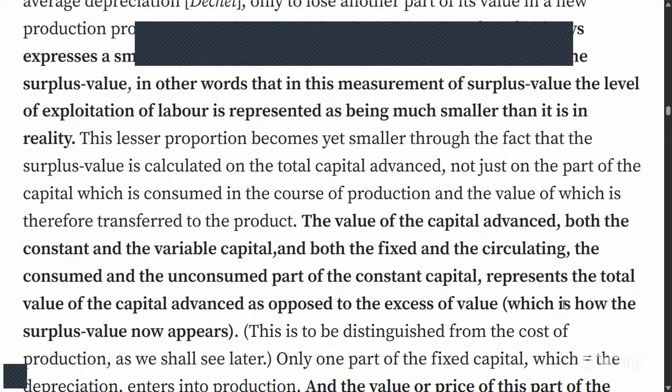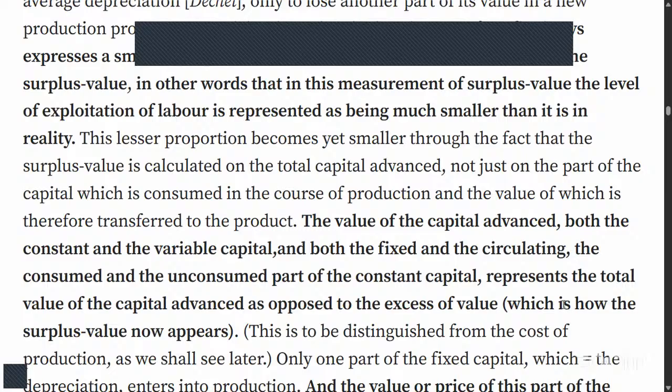The value of the capital advanced, both the constant and the variable capital, and both the fixed capital and the circulating capital, the consumed and the unconsumed part of the constant capital, represents the total value of the capital advanced as opposed to the excess of value, which is how the surplus value now appears.